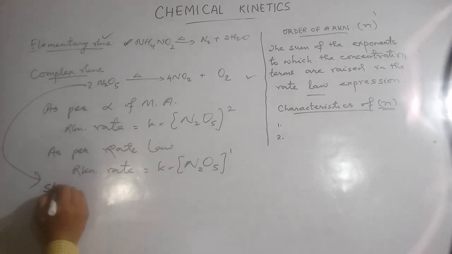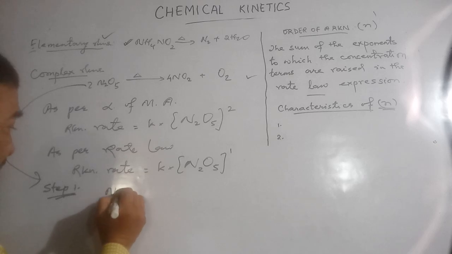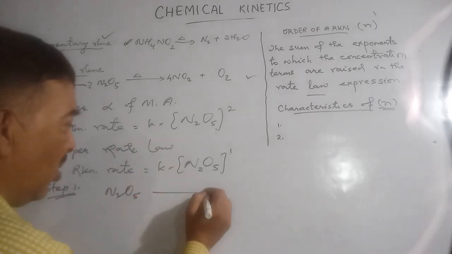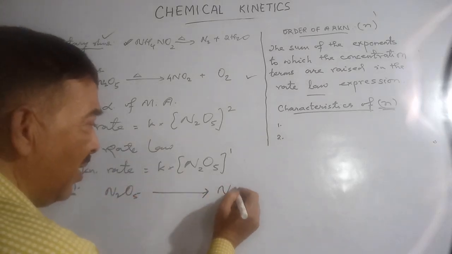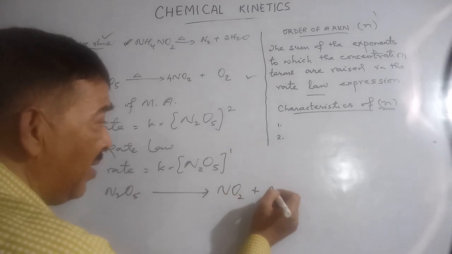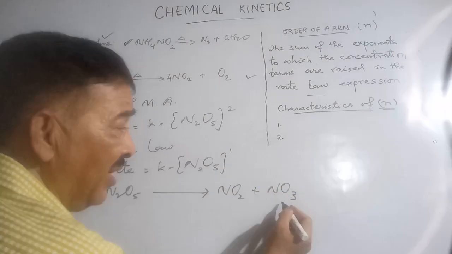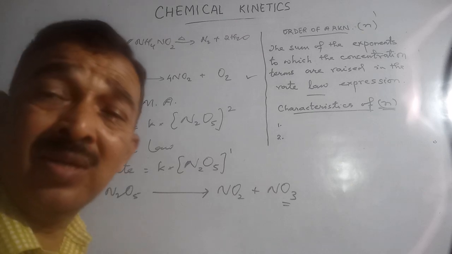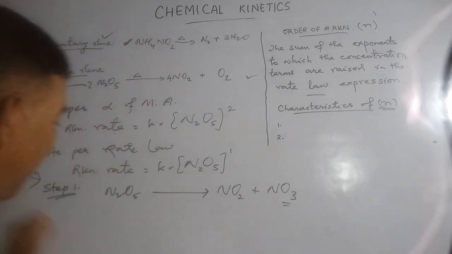Here is step 1. N2O5 on decomposition gives NO2 plus NO3. This NO3 is the intermediate product.